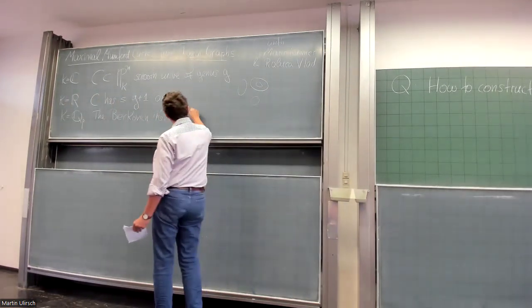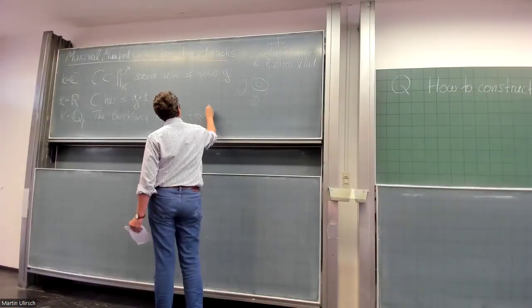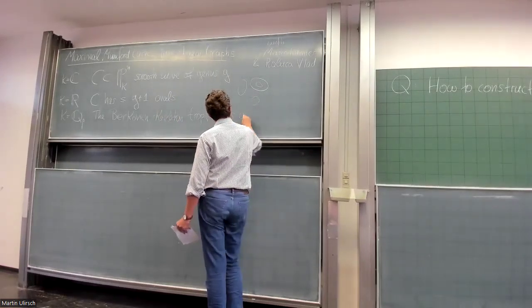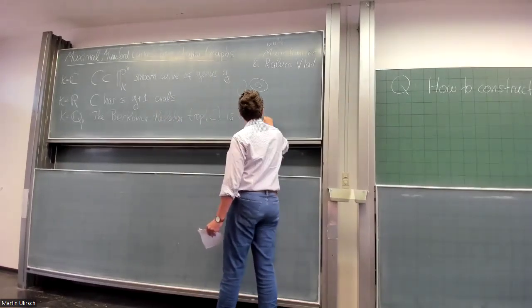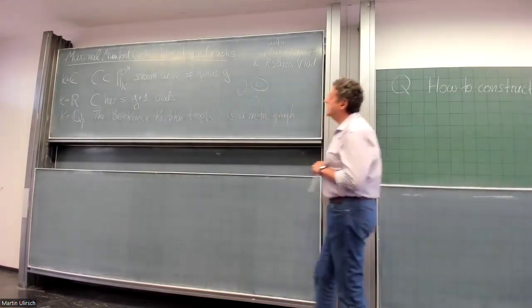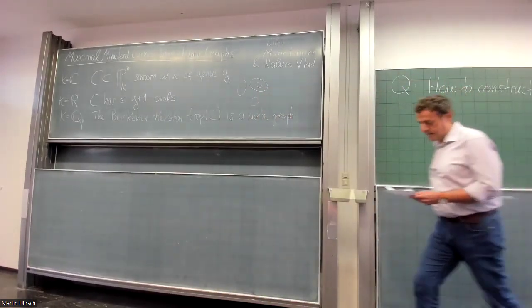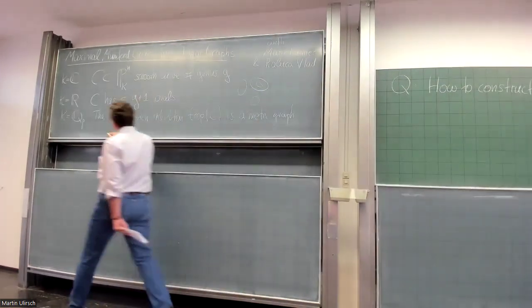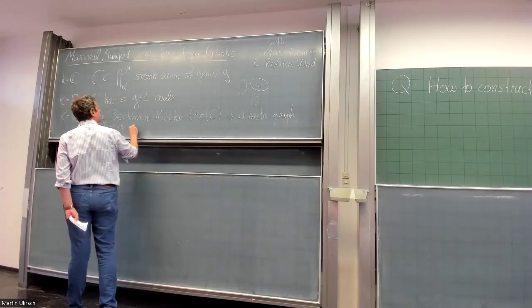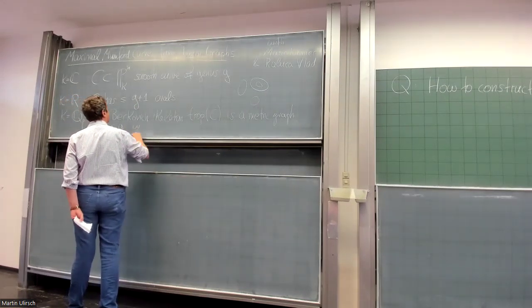Now, that's a graph. It's a metric graph. Let me write trop C. It's a complicated metric graph, but the essence is not so bad. It's a finite graph with at most G cycles.